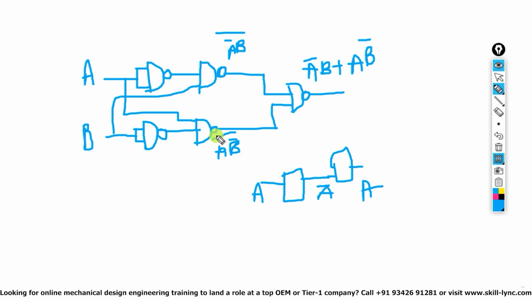That's why we have removed 4 NAND gates out of the previous 9 NAND gate based exclusive OR gate. Now I have an exclusive OR gate using only 5 NAND gates, and I am trying to reduce these 5 NAND gates to 4 NAND gates, because I want to reduce it further.